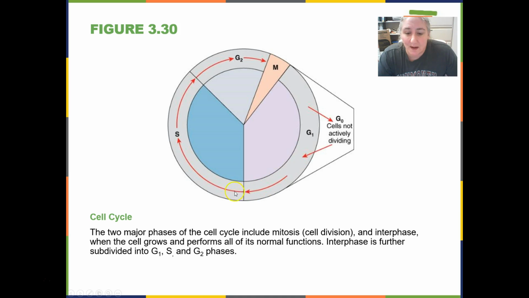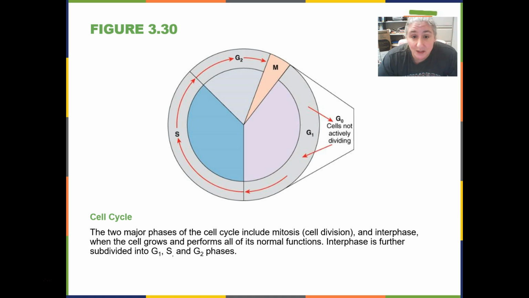And so we'll go through each of these phases and what's going on, and then we'll go into the mitotic phase. So in G1, chromosomes are getting ready to be synthesized. We're producing proteins for DNA synthesis. We're also starting to enlarge the cell. In the S phase, this is the synthesis phase, DNA replication occurs.